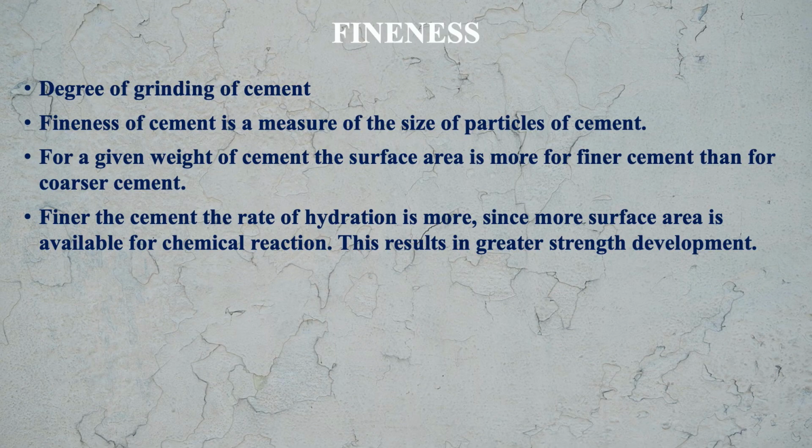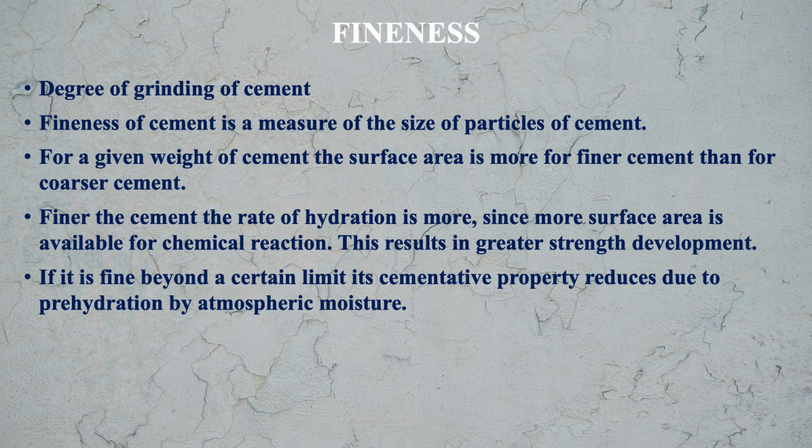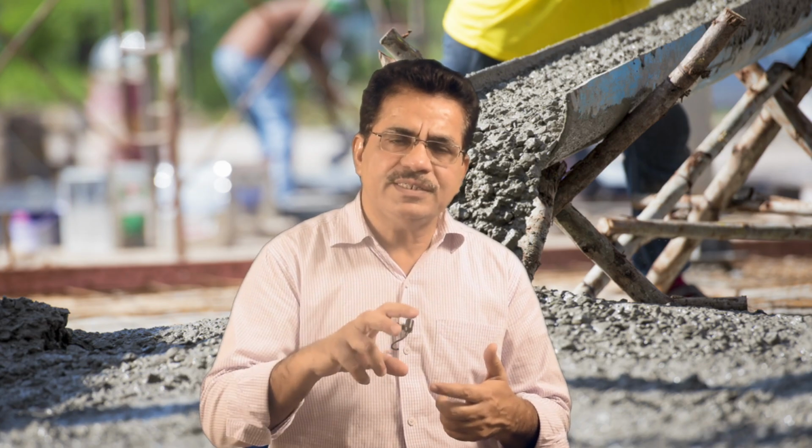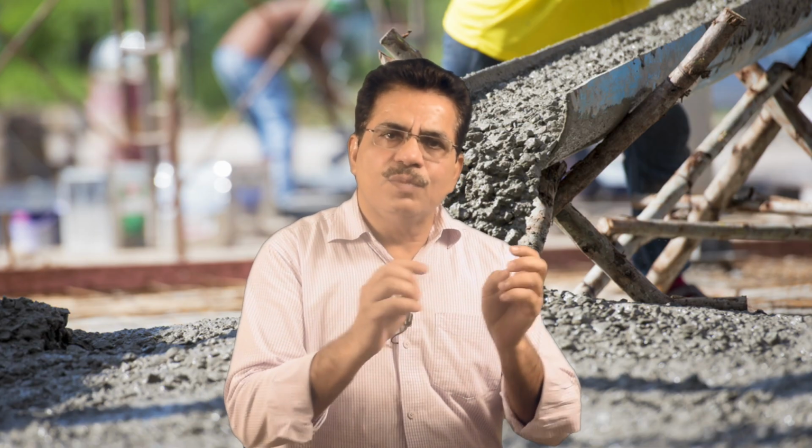Now, if the cement is fine beyond a certain limit, its cementitious property reduces due to prehydration by atmospheric moisture. We were saying that the finer the cement, the more the rate of hydration and strength.